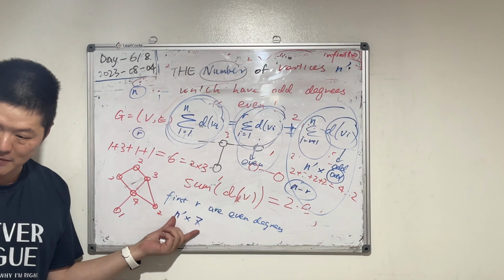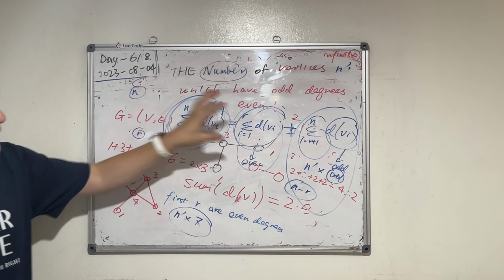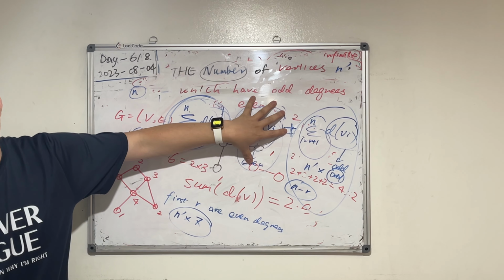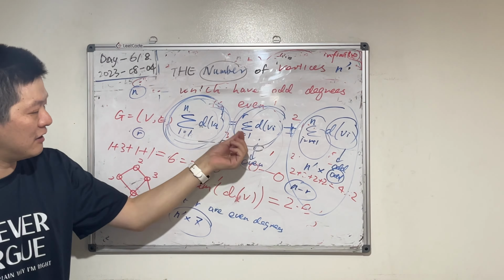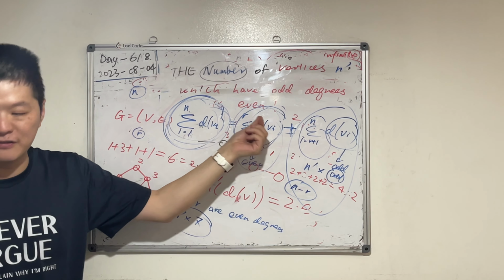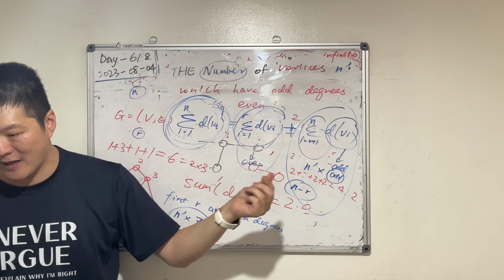So let's repeat. We want to prove the number of vertices which have odd degree is even. The left part is an even number because we know the sum of all degrees is 2 times the number of edges. So the sum of the degrees of all vertices can be divided into 2 parts. The sum over the even-degree vertices is obviously an even number, because no matter how many vertices, times an even number, it's even.